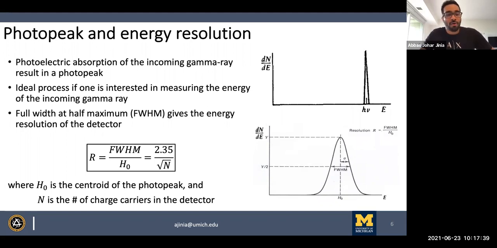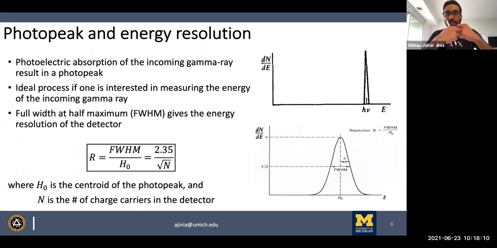Now this brings me to a feature of the detector called the resolution of the detector. What do we mean by resolution? Resolution is the ability of the detector to resolve two energy lines. For example, if you have two gamma rays, one emits a 1.1 MeV gamma ray, and the second one emits a 1000 keV gamma ray. These two energies are close to each other.